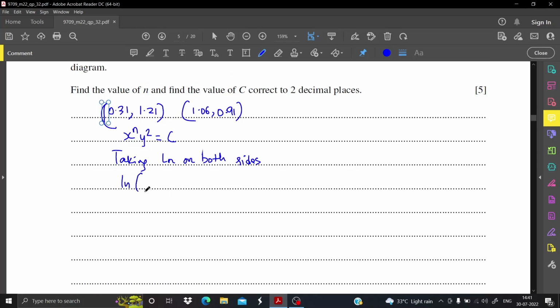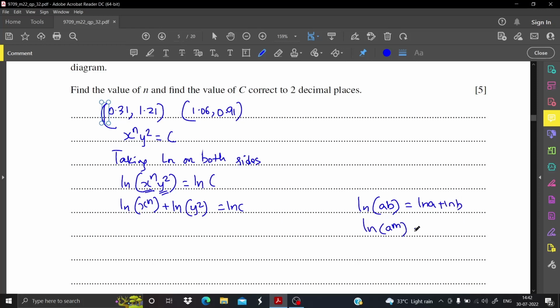So ln of x power n y square is ln c. Now we can split this using the rules of logarithms. Log of ab is log a plus log b. So we'll consider x power n as one quantity and y square as another quantity. Also log of a power m is m times log a.